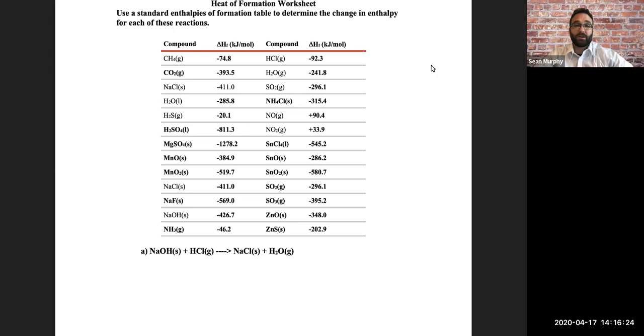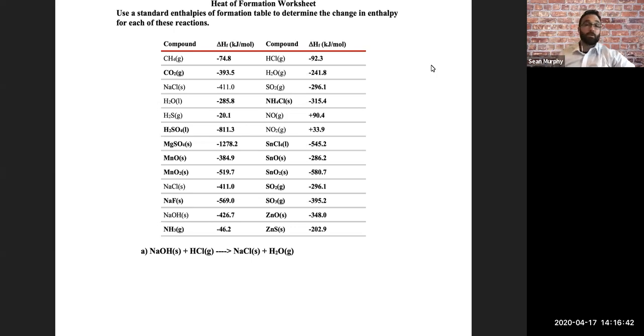Today, we're going to be learning how to solve for the heat of reaction using the table above for these independent heats of formation. Keep in mind that heat and enthalpy are going to be used interchangeably, and all of the heats are presented in kilojoules per mole.